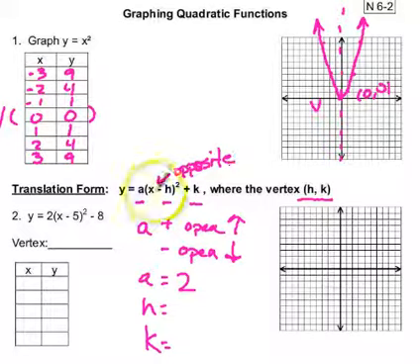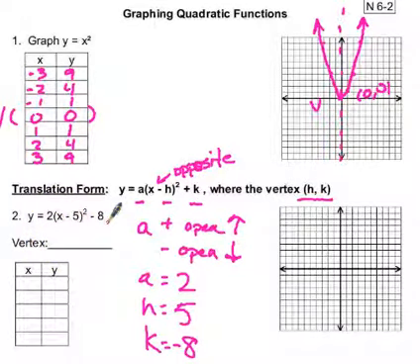Since this says negative 5, H is actually going to be positive 5. The K is just plus K, so it is what it is. Since this one's negative 8, we're just going to leave it, negative 8. Only because there's a minus in the original form are we doing the opposite for H. That's the only one to be opposite of what's given up here.